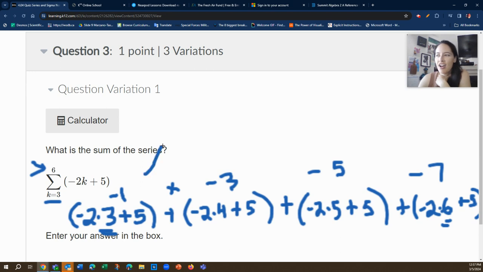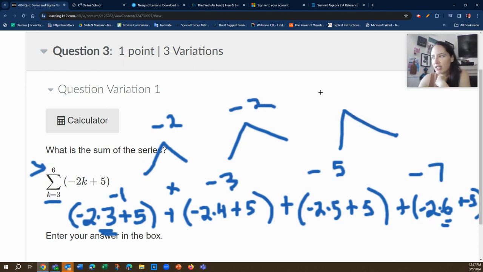There's a common difference of minus 2. This is an arithmetic sequence, so this is an arithmetic series. The list of numbers is the sequence. The summation is the series. So now we're going to add it up. We have -1 plus -3 gets us -4, plus -5 gets us -9, plus -7 gets us -16.